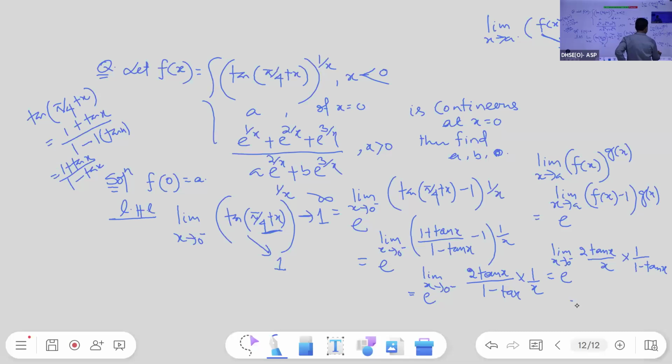This is equal to e raised to the power 2 into 1 upon 1 minus 0, which is e raised to the power 2, that is e square. So the value of the function is a, and the left hand limit of the function is e square.